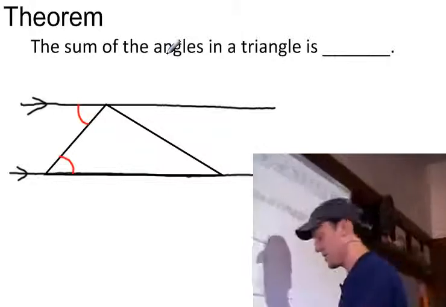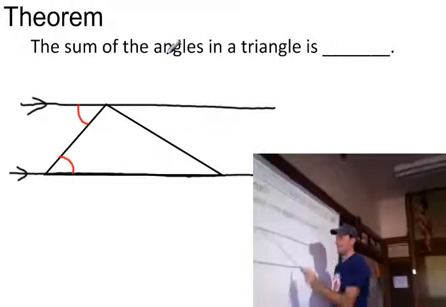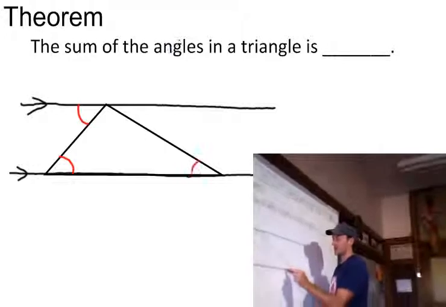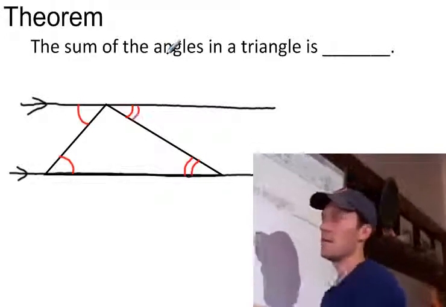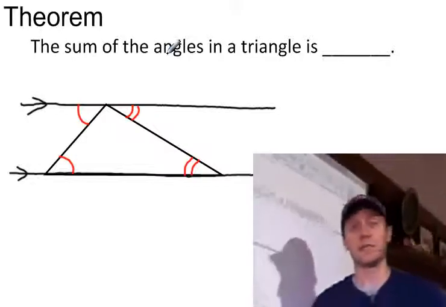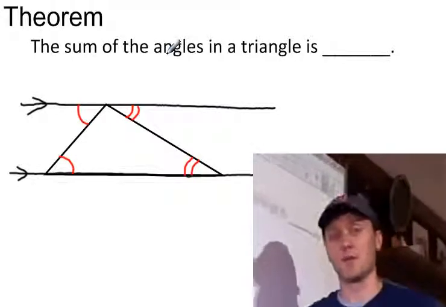Okay, so let's find another one. Over here, I've got this angle and this angle. Those are also alternate interior angles, and those are congruent.